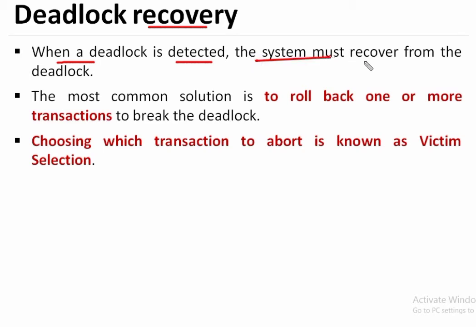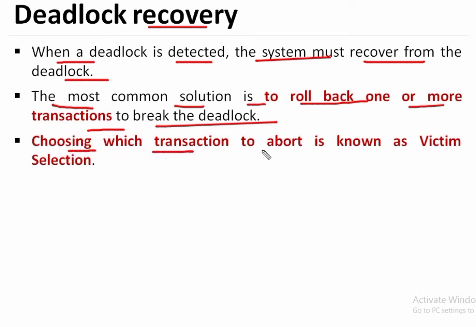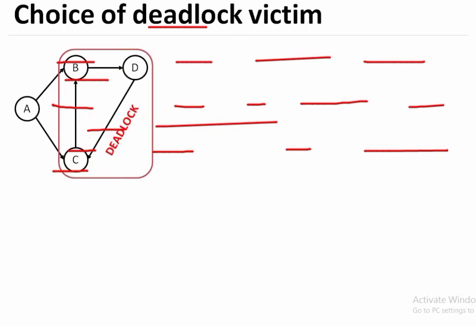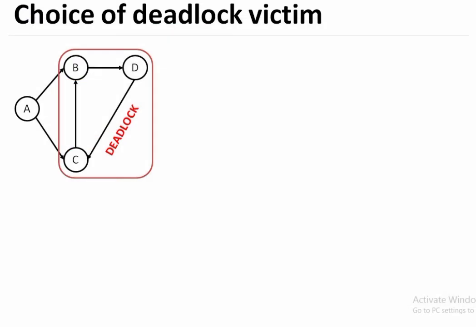The system must recover from the deadlock. The most common solution is to roll back one or more transactions to break the deadlock. Choosing which transaction to abort is known as victim selection. So here we have the previous condition of the deadlock.